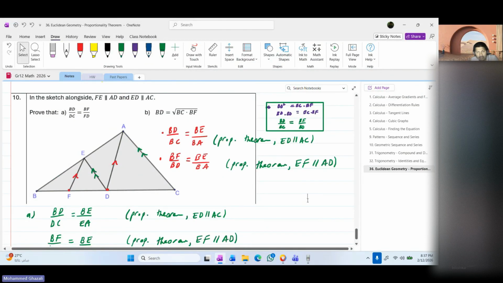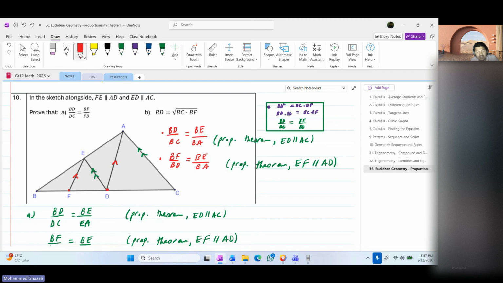Now, because those two are equivalent, we can say this implies BD over BC is now equal to BF over BD.